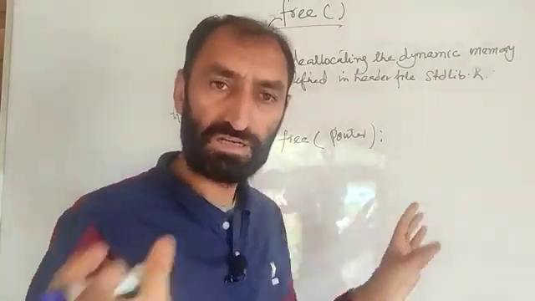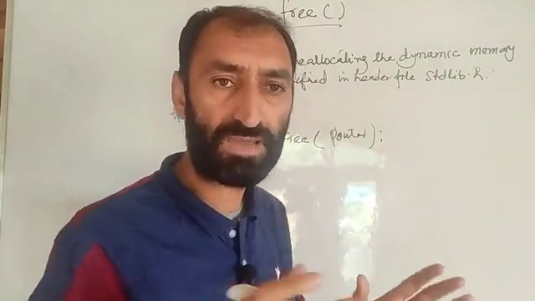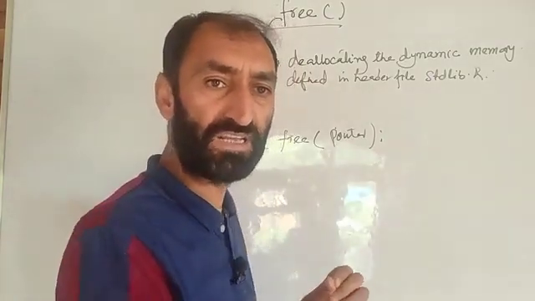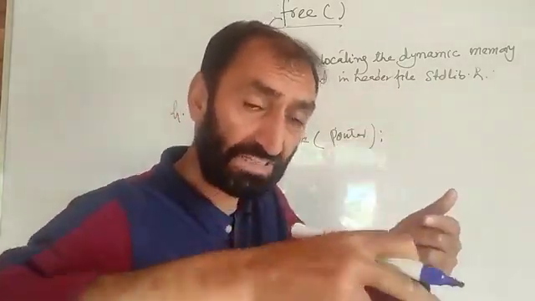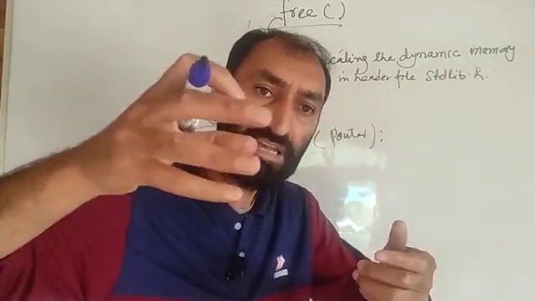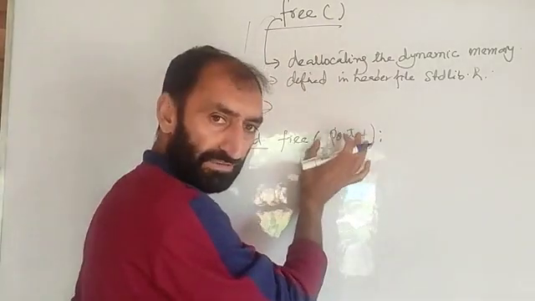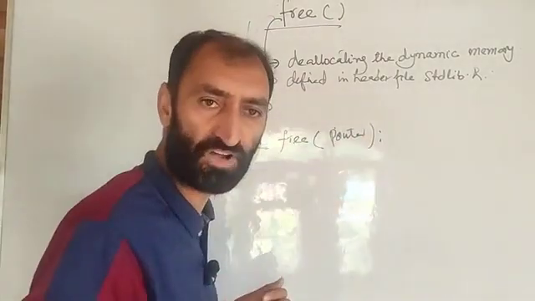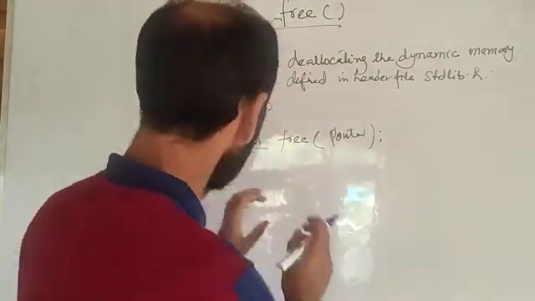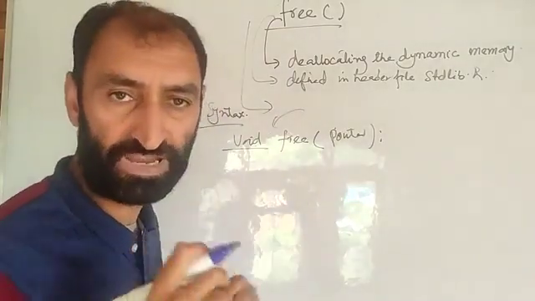When we use the dynamic memory allocation functions such as malloc, calloc or realloc, they return the address of the first block, and that address is stored in the pointer. Here we have to write that pointer as the argument of this free function. And the return type of the free function is also always void.